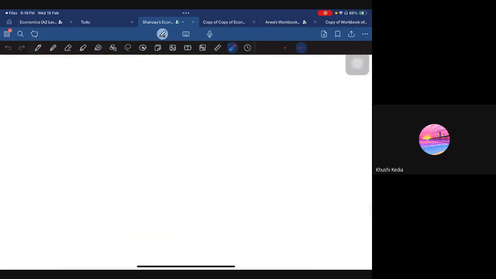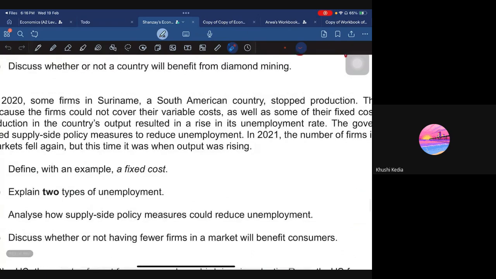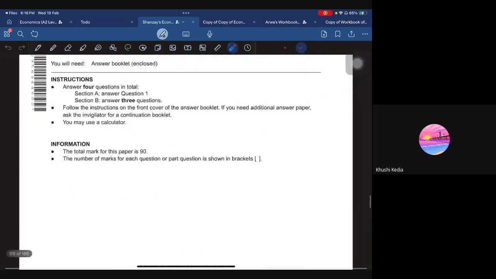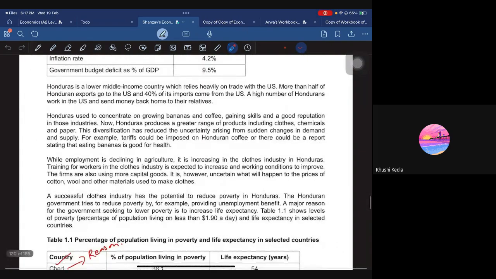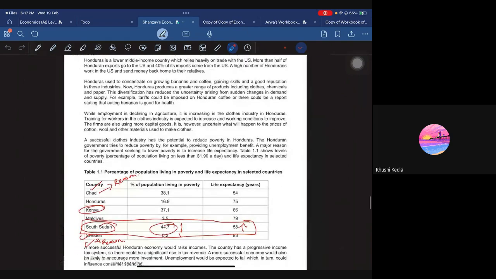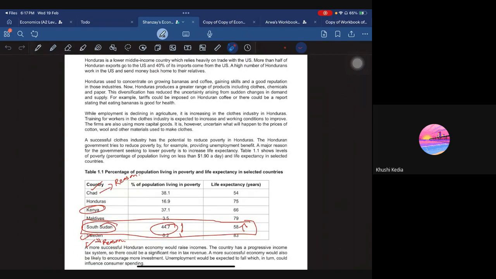So I'll just give you a bit of the reference of that as well, that you can see. Progressive taxation first, then unemployment. You see, progressive income tax system, right? And then he also talked about unemployment benefits.